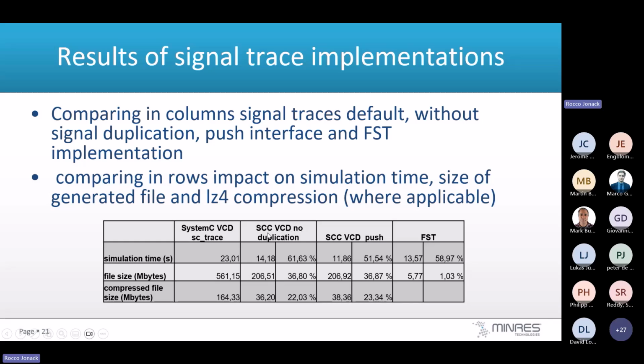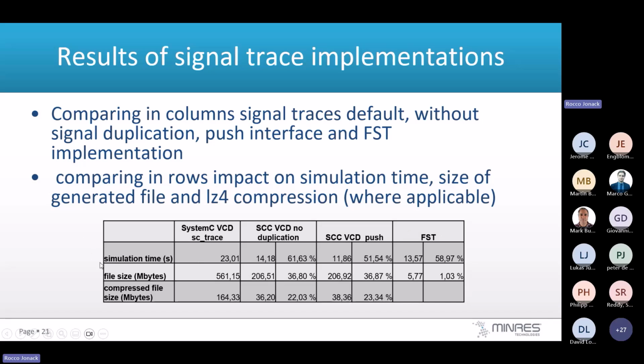One, for instance, where we follow through the tree so that signals like the clock are not traced multiple times, because clocks typically traverse multiple hierarchies, and then you get a lot of information that is just duplication. So we automatically remove that. Then there is this VCD push implementation, and an FST-based implementation.